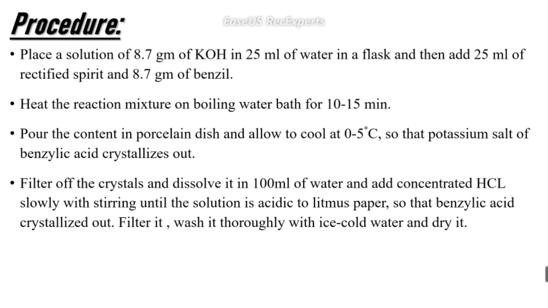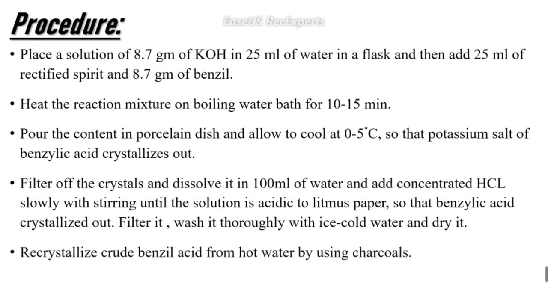Make sure that the final product is dry. Recrystallize the crude benzilic acid from hot water using charcoal. We have to check the benzilic acid through the melting point method. The melting point of benzilic acid is 150 degrees Celsius.